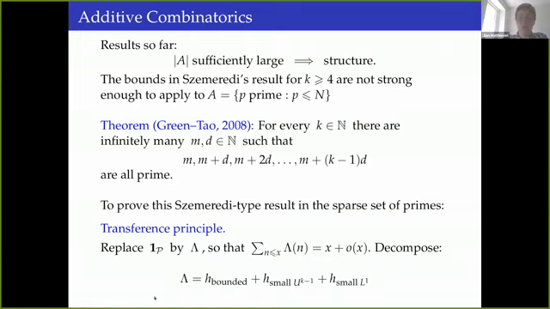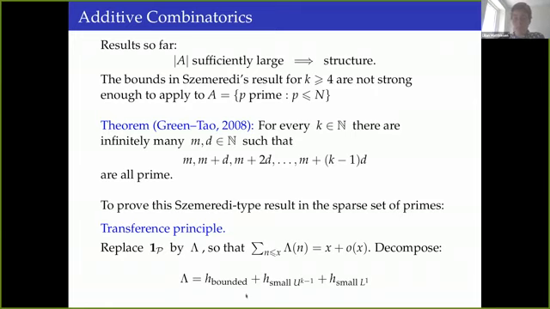And now, if you would like to study the number of k-term arithmetic progressions in the integers up to n that are weighted by the von Mangoldt function, you can discard this error term. The term that has small uniformity norm has only an error term contribution to this counting problem, and you are left with the task of analyzing how many progressions there are in the set of integers up to n, weighted by some bounded function.